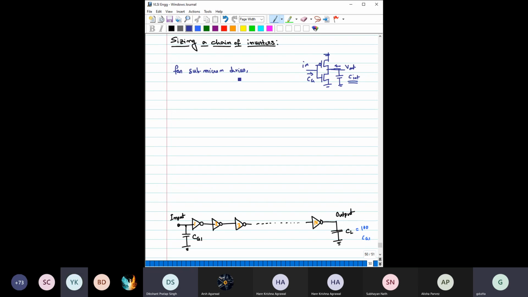For sub-micron devices, it has been observed that C int is proportional to Cg, C int equals gamma Cg, and this gamma value, which is a proportionality constant, can be treated as 1. So that means for submicron devices, the self-loading capacitance would be nearly equal to the gate capacitance only.